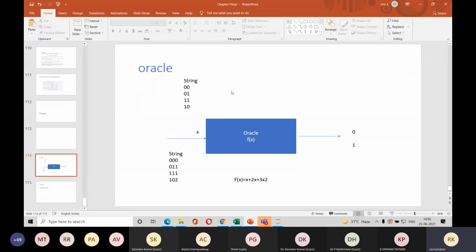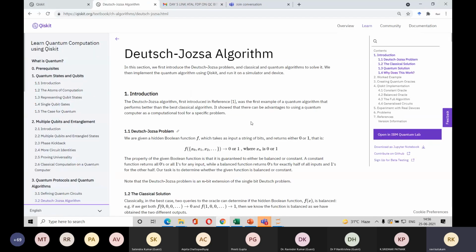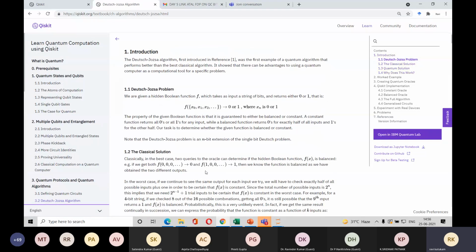To put it simply, you have a function that will take a string of bits. That string can be 2-digit or 3-digit or n-digit. You can have an n-digit input, and it is a binary output. That means it can throw 0 or 1.